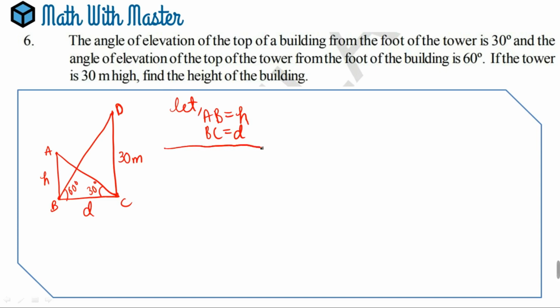So now we will find the value of D from triangle BCD. Here also the tan trigonometric ratio is involved because perpendicular and base are involved.